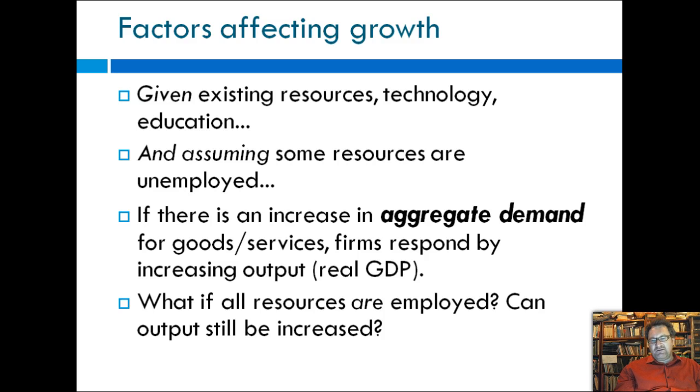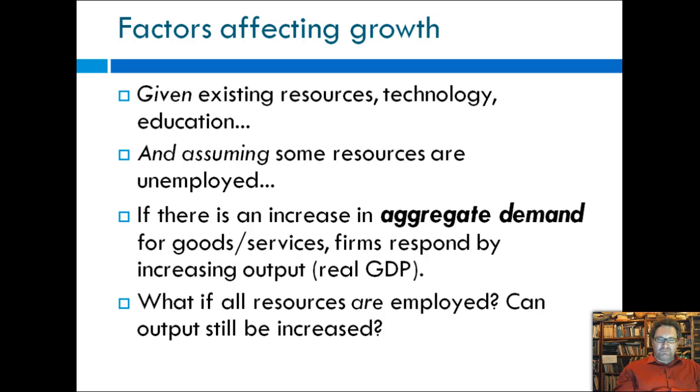If aggregate demand were to fall, firms would respond to that decrease in the demand by decreasing their production. Obviously they're not going to produce goods which they believe no one will buy, so they'll cut back production. Real GDP would fall in that case, and if it fell for a long enough period of time, say 1 year, then we would say the economy is in a recession.